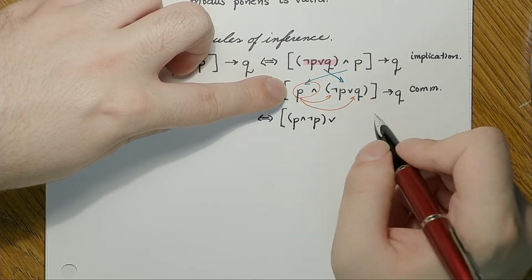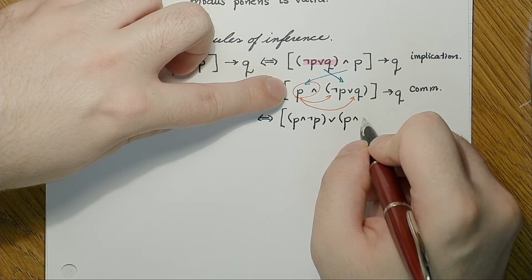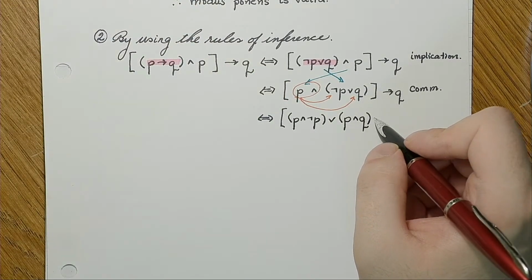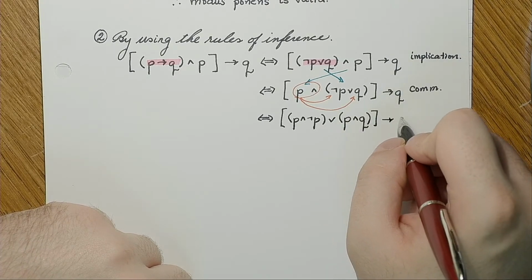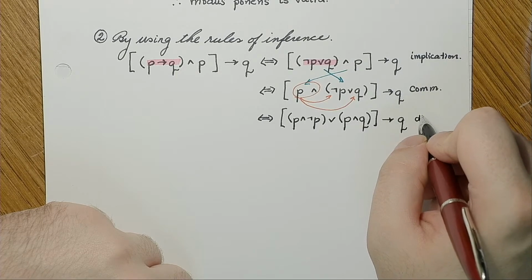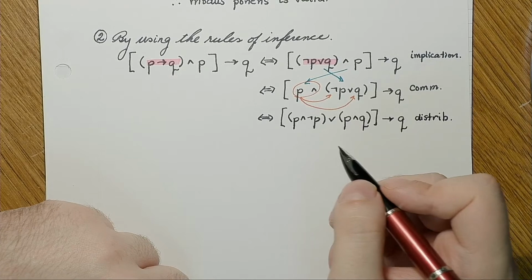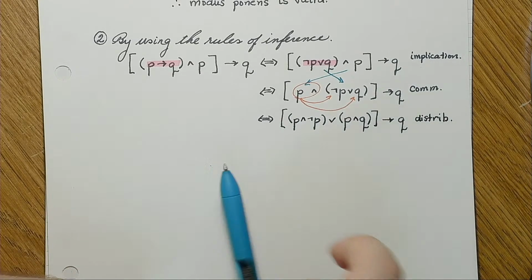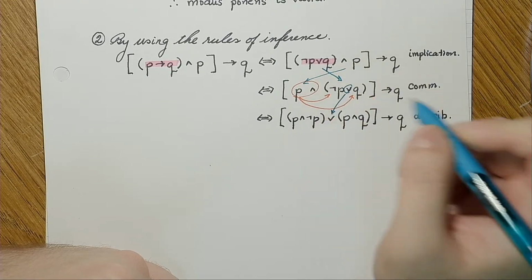And then we get the P and not Q. There we go. And this is distributive. It's not quite like De Morgan. De Morgan would have flipped it. So that stays here.